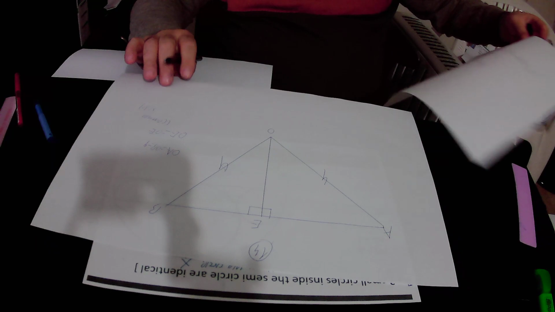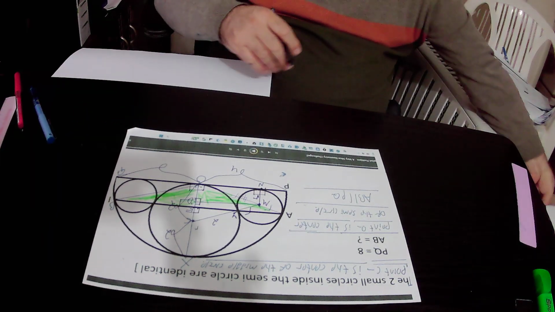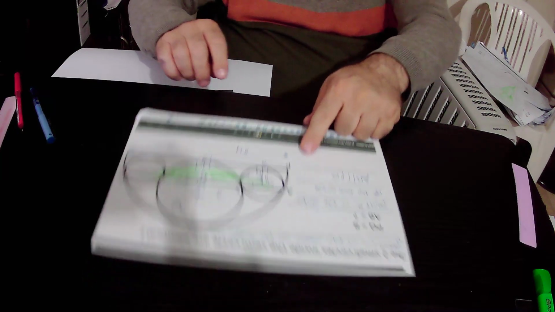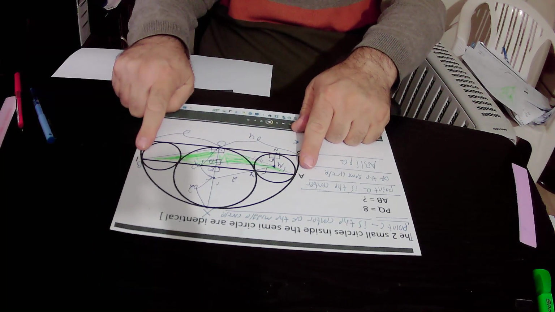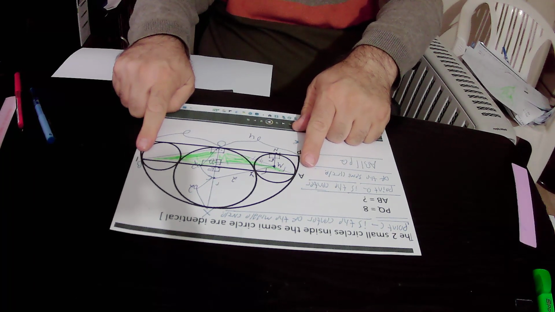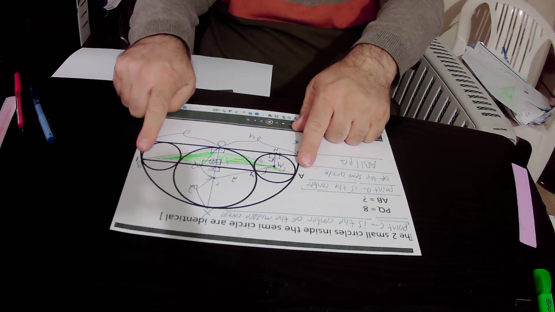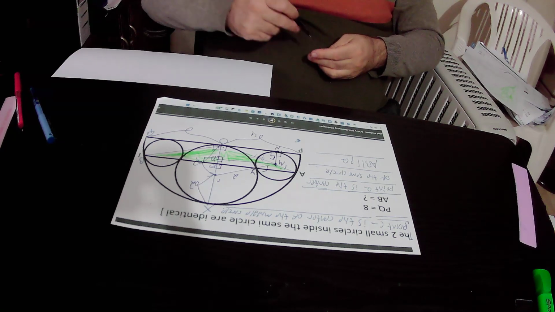Okay, and you can see it here in the drawing. Line segment AB, or chord AB, equals either 16 over 3 times square root of 2 units, or in terms of numbers, 7.54 units. Okay, so now I will summarize the lecture.